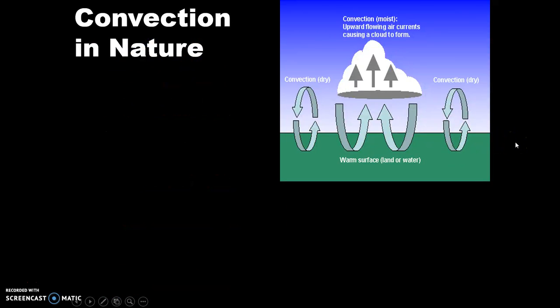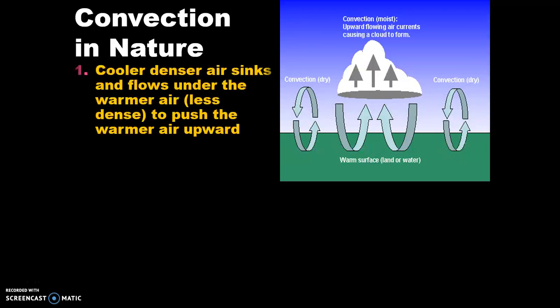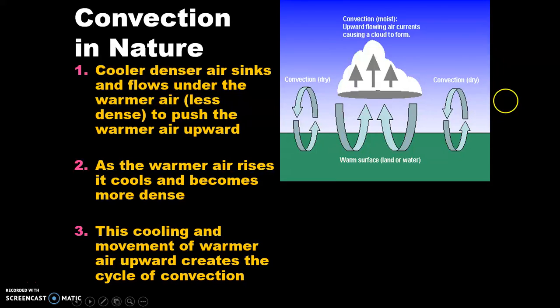This actually happens in nature too. The atmosphere has convection, and again, it's because the ground is warmed up by the sun, so we have all that radiation being absorbed, the next thing we're talking about. So the ground is warmer, so that's going to heat up the air that's close to it, and then that hot air rises and pushes the cold air back down.